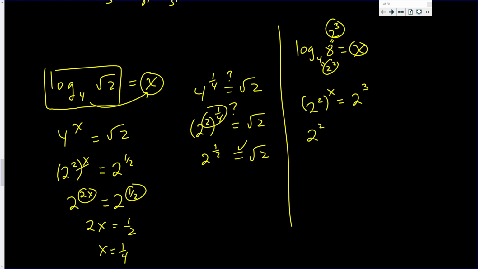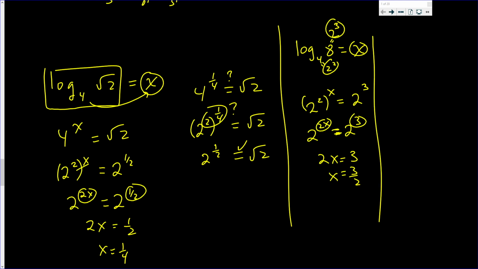That is 2 raised to the 2x should equal 2 to the 3. Oh, the bases are the same and we have equality. That means the exponents have to be the same. Say x is 3 halves. That was pushing it a little bit.